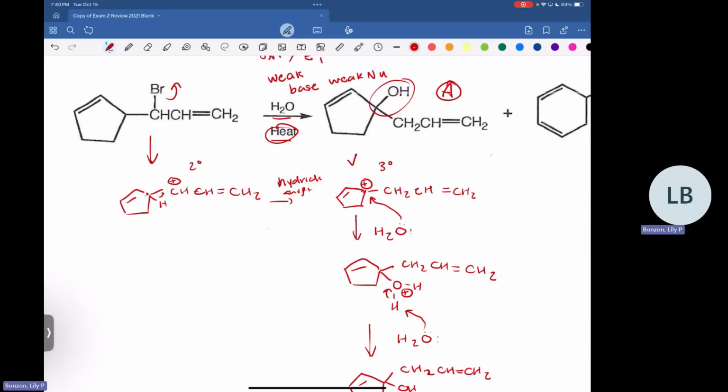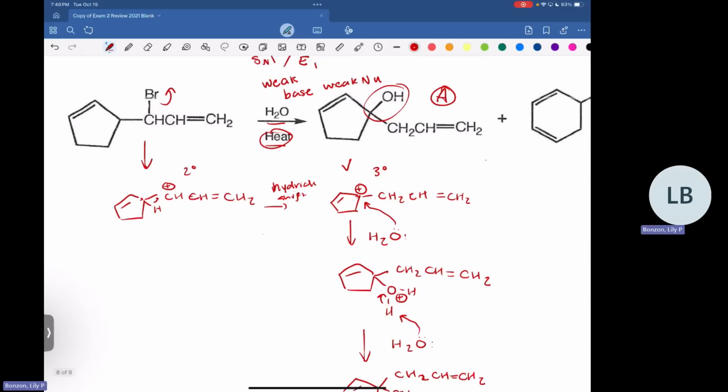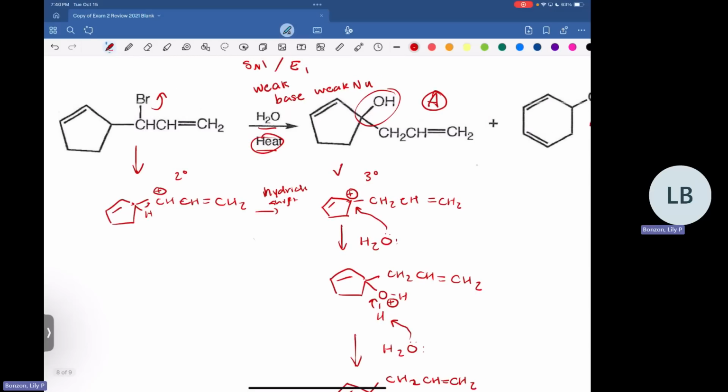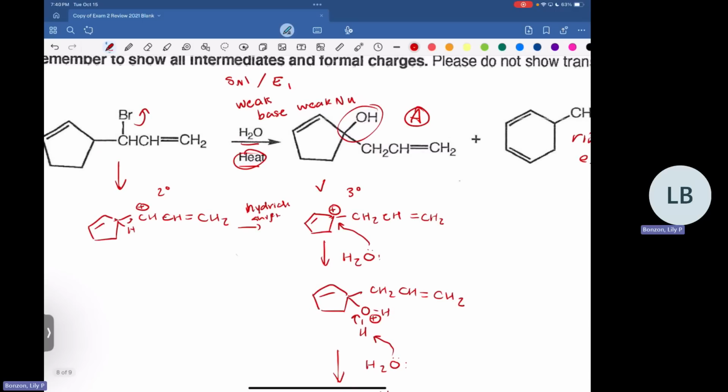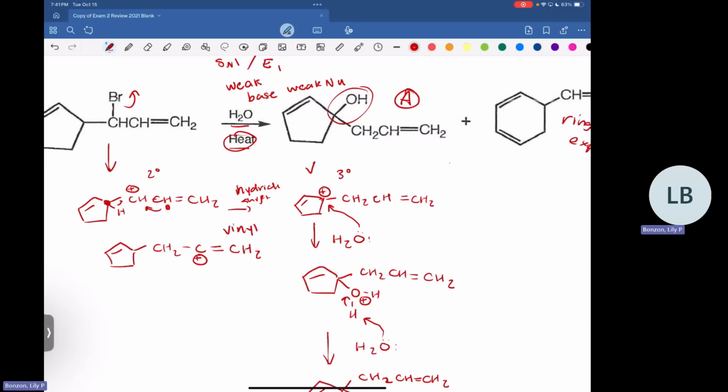So the reason why I used the one off of the cyclic group is partially because I'm looking at the product and I see that the nucleophile attached to this position. If I were to do a hydride shift with the other side, from this hydrogen here, that would give us a carbocation on a vinyl position, on a double bonded carbon.